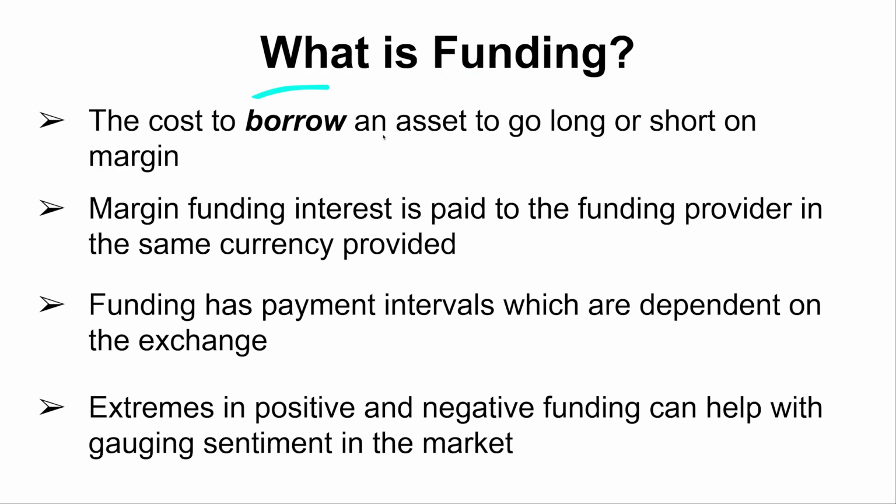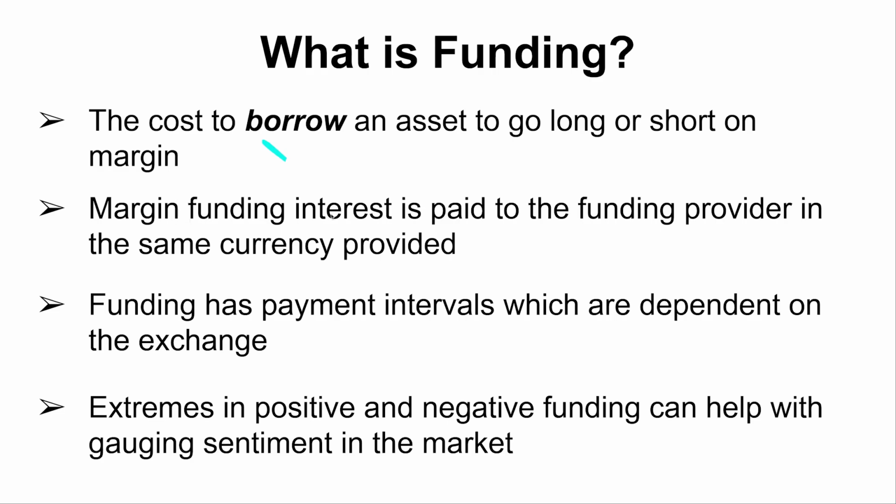So what is funding? Well, it's the cost to borrow an asset to go long or short on margin. Funding is the mechanism by which exchanges attract liquidity to their platform. This is incentivizing one party to be the liquidity provider. And we know that when we're on the derivatives exchanges, taking long or short positions, there's a cost associated with that.